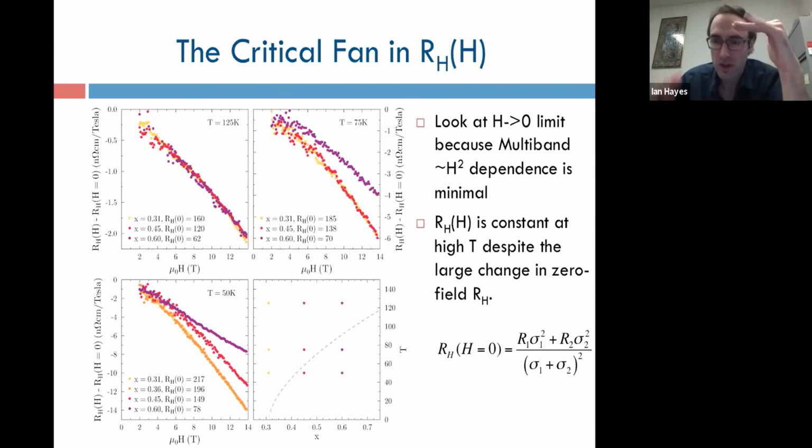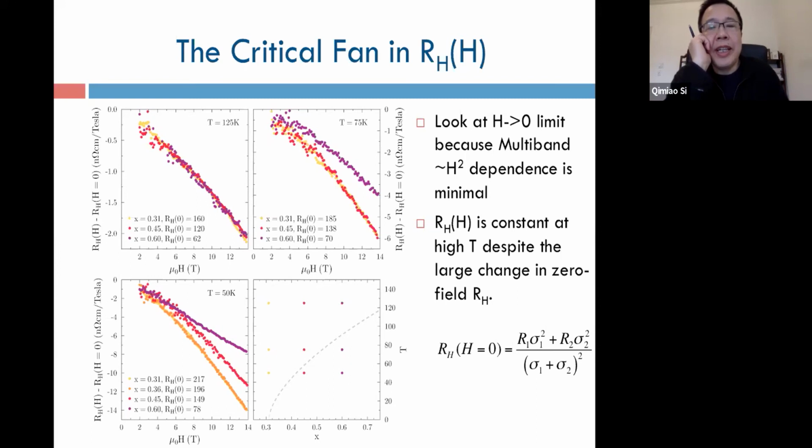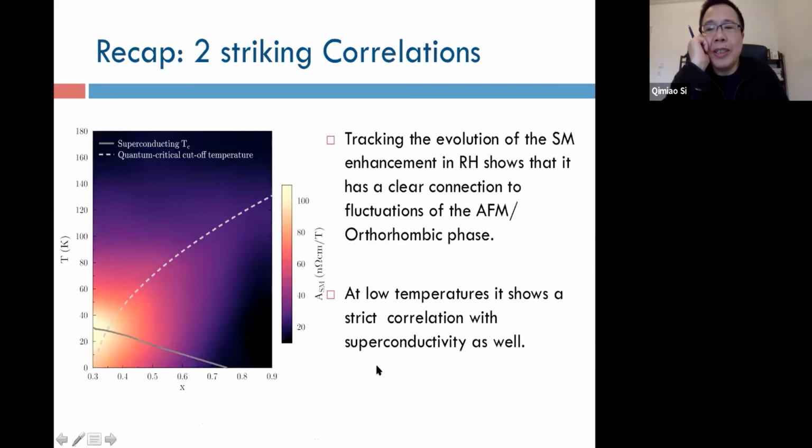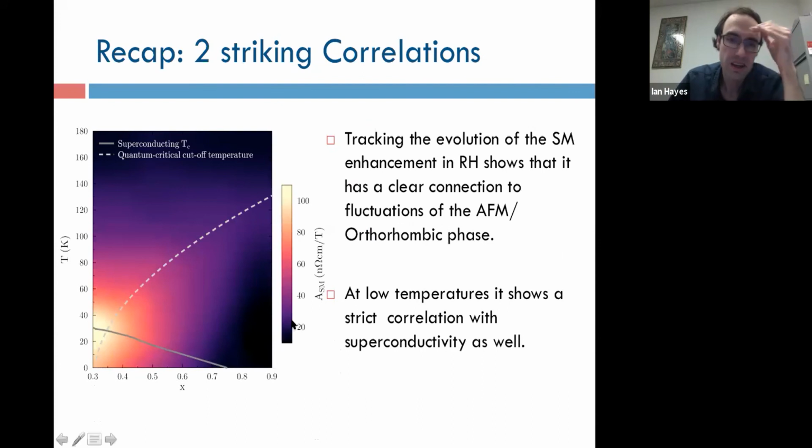Yeah, so a question of how quick the transition is between, say, the totally normal Hall coefficient on the overdoped side and the optimally doped or underdoped behavior? Yeah, because you refer to the strange metal component of the Hall, and one could perhaps look at that. Yeah, it's a good question.